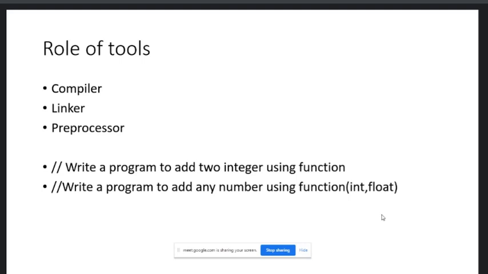So when you type any program, first we need the preprocessor, then the compiler, and then the linker to create the final exe if you are using a Windows system. If you are using a Linux system, then that is a.out, the executable file. So these are different tools: preprocessor, compiler, and linker.